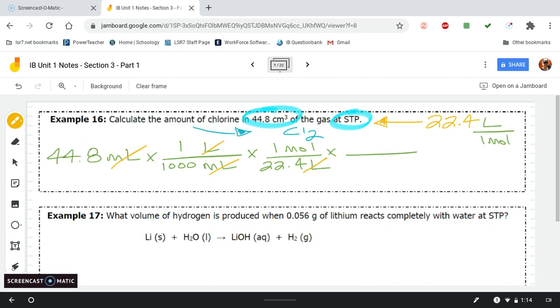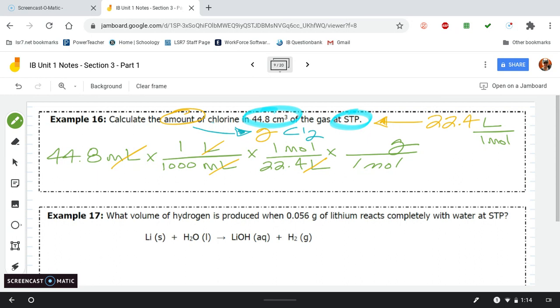And so it is asking for, remember, amount. So remember, we're looking for grams. So we'll go ahead and do that. We're going to go ahead and convert into grams. And that's going to use that periodic table number. So we're going to add that up.